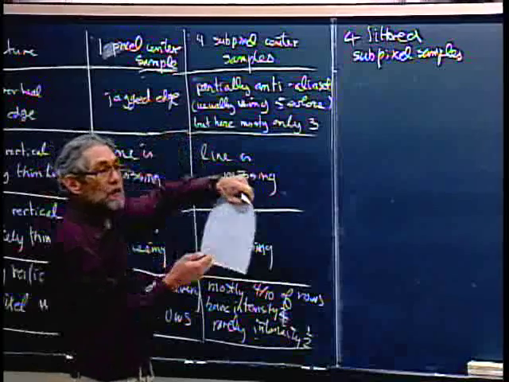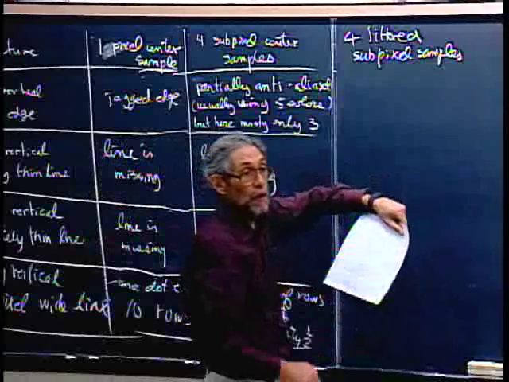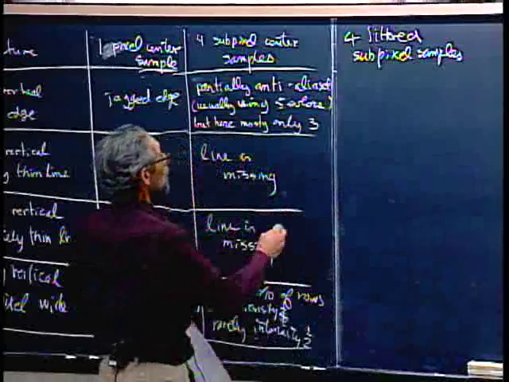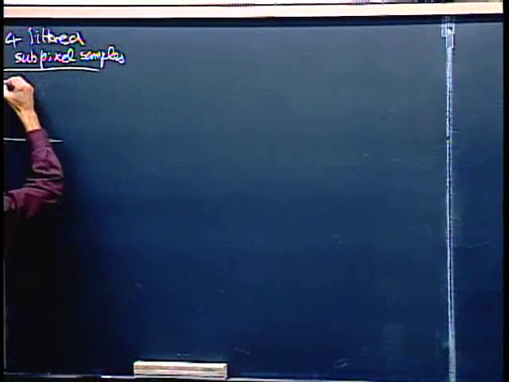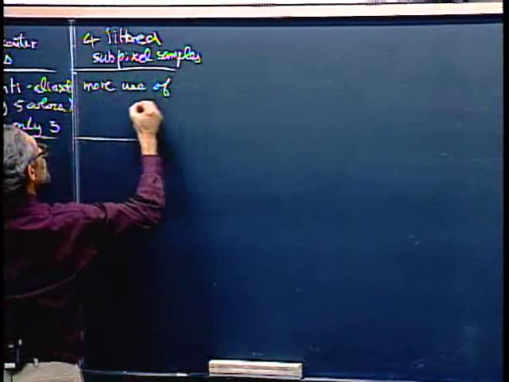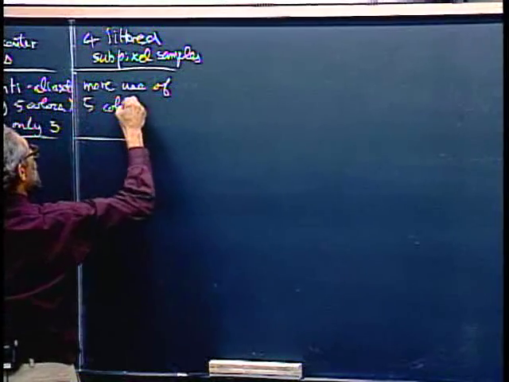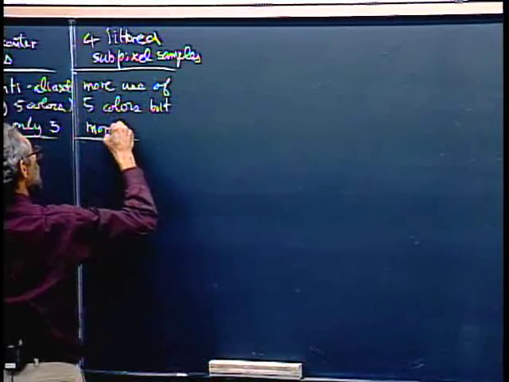Because even though that edge is almost vertical, because the samples wiggle a little bit, you'll get more use of 5 colors, but more noise.